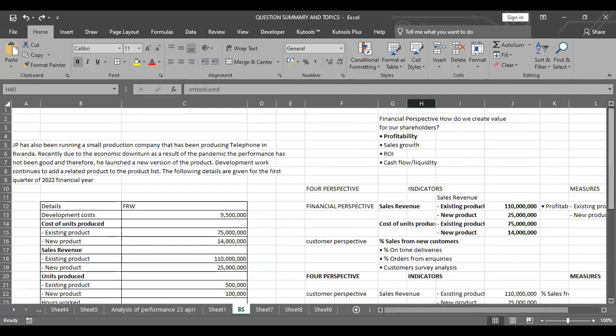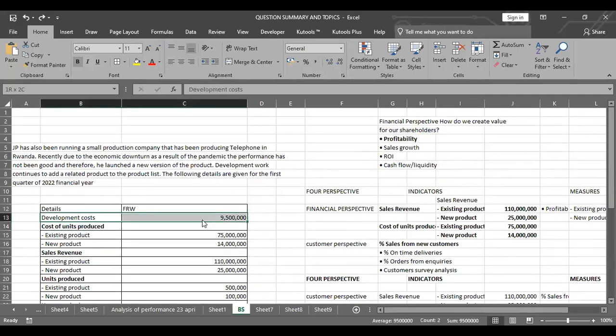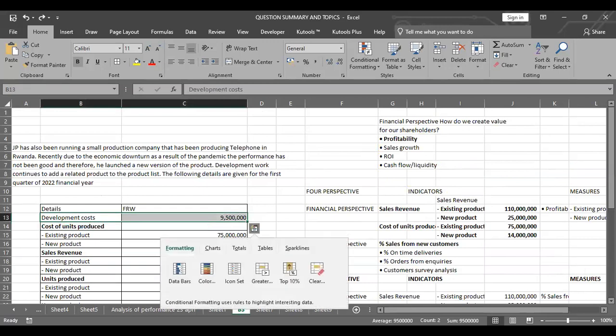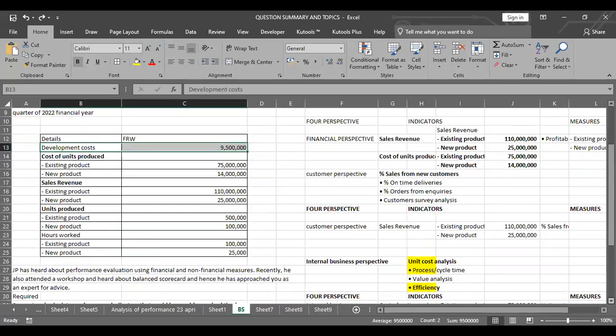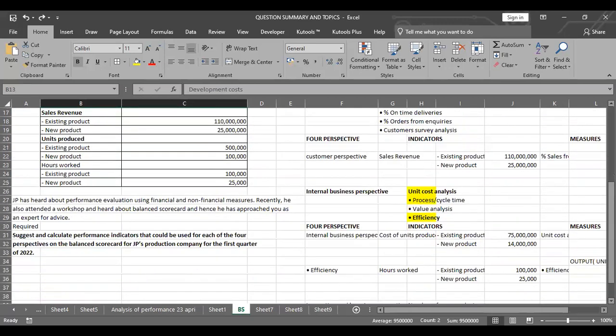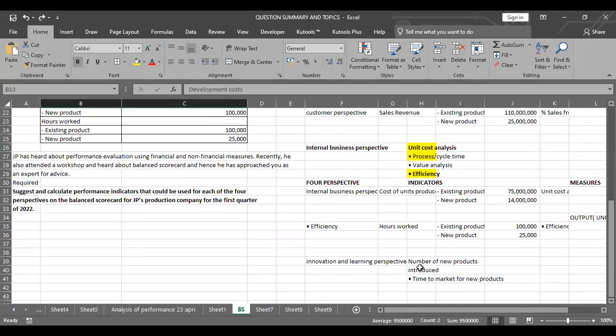Now, for new products to be made, there must be development, and people must be given resources to do that. That's why in a department there is research and development. That would assist you to benchmark yourself on how the new products are developed.